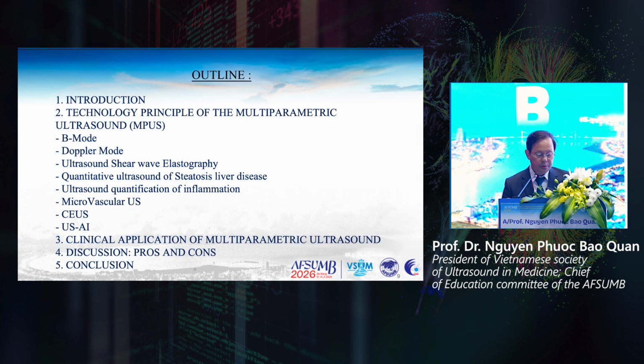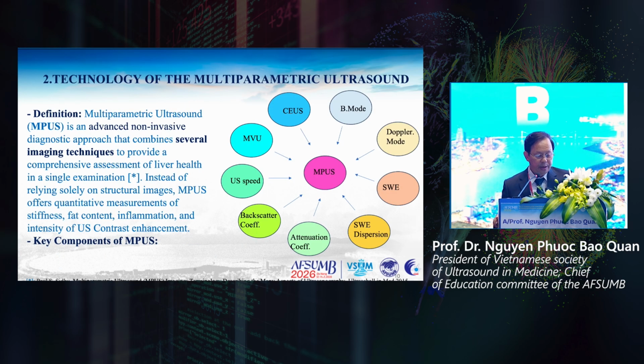Now we move to the technique of multiparametric ultrasound. By the definition of Professor Paul Sidhu, multiparametric ultrasound is an advanced, non-invasive diagnostic approach that combines several imaging techniques to provide a comprehensive assessment of liver health in one examination only.